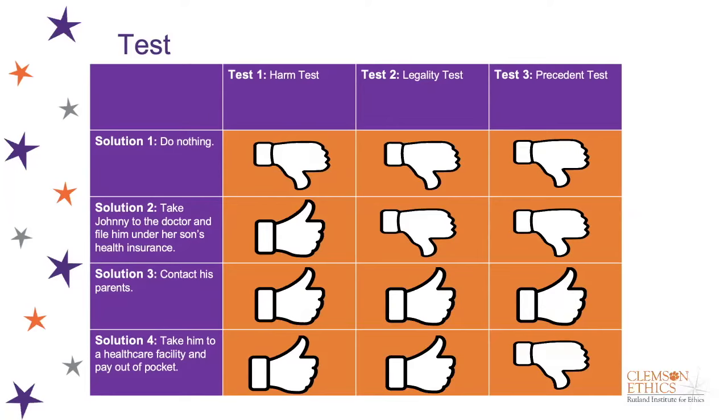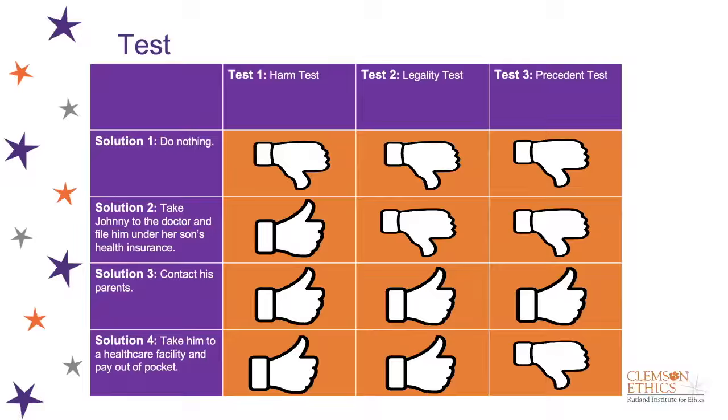As you work through the model and each scenario, you begin to think logically about the ethical dilemma. We can assume that with solutions 2 and 4, Mrs. Jackson would not know the necessary information about Johnny to get him seen by a physician at a clinic. She would first have to contact the parents.